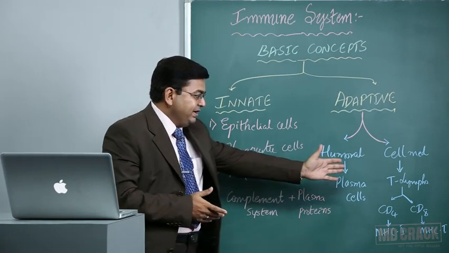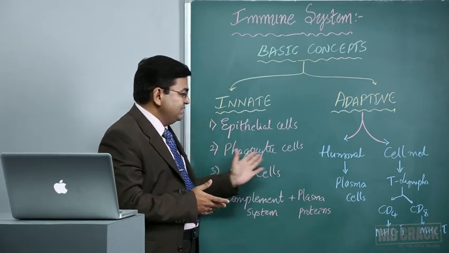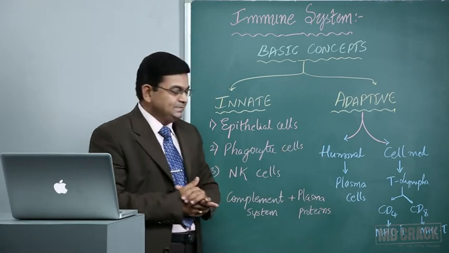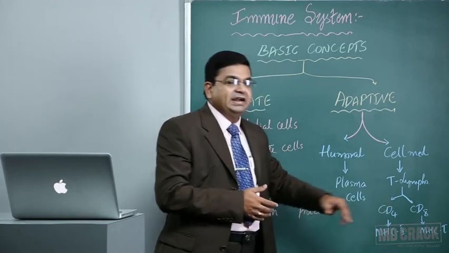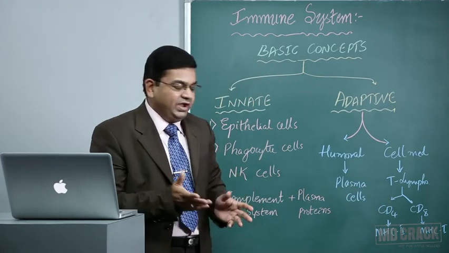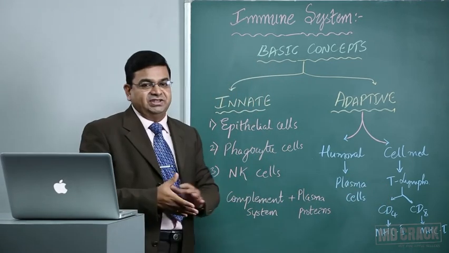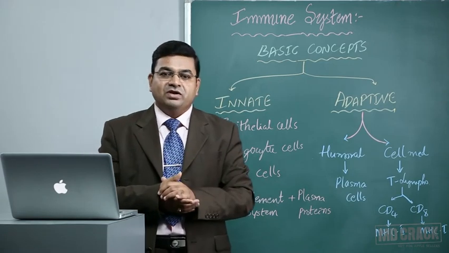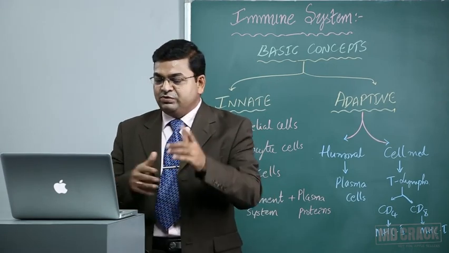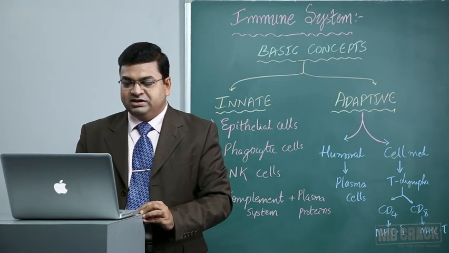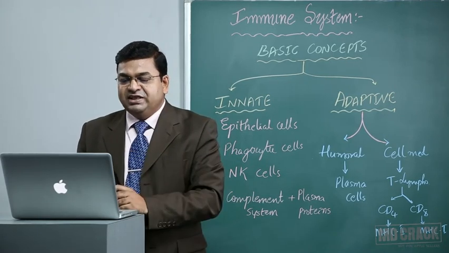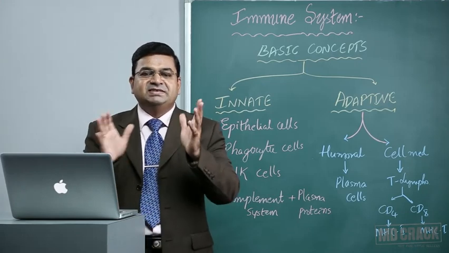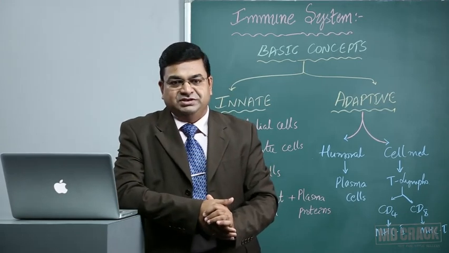T lymphocytes are dependent on macrophages. Macrophages are dependent on T lymphocytes. B lymphocytes, that is plasma cells, get activated by T lymphocytes. In that way, all the cells are dependent on each other for their effective performance. That's what I want to mean here. They work together inside the body. So that is the basic concept about the immune system as such.